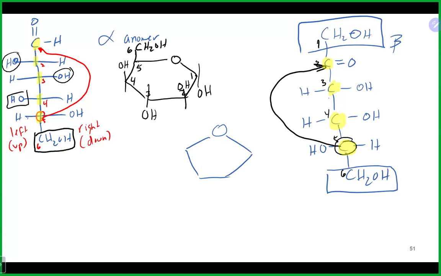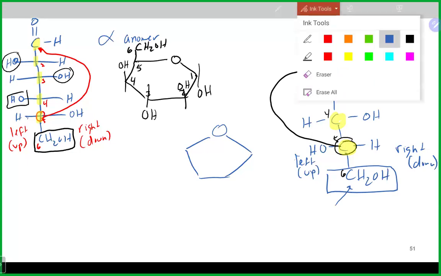Now, just like we did over here, everybody on the right will end up down. Everybody on the left will end up upwards there. And just like we did on the other one, carbon number 6 will always end up to the left of the oxygen. That is where we're going to put it, just like we've done before.